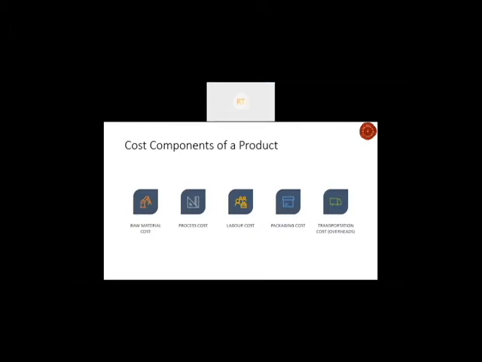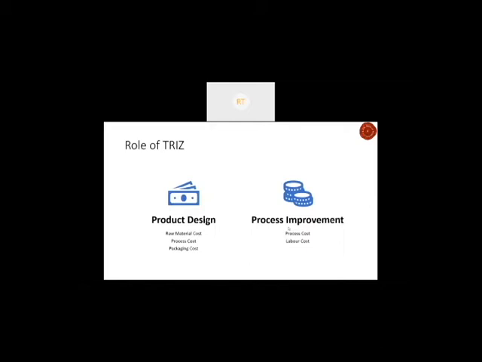Okay, so after having identified the various components of the cost of a product, let's now try to see where this fits in the scheme of things. What can be the role of TRIZ? So TRIZ basically works twofold. It can work on the product design part, or it can also work on the process improvement part.